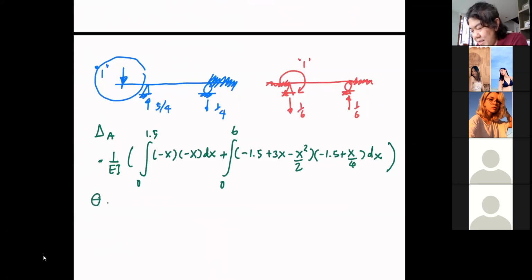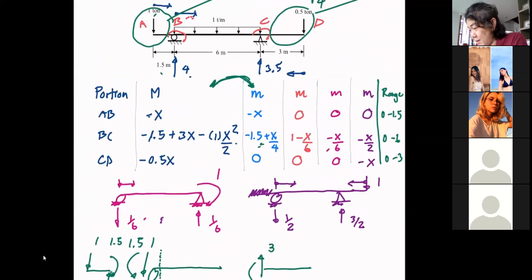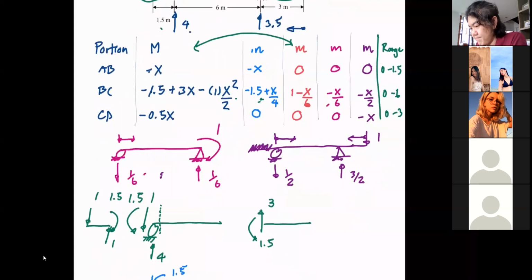That's delta C. So again, it's 1 over EI. And we have so many 0 terms, I suppose. So in the end, it's only the middle term that is left, from 0 to 6. Am I correct? Yeah, right. Because for the zeta C, it's now this, and that, right? So it's only the middle term.